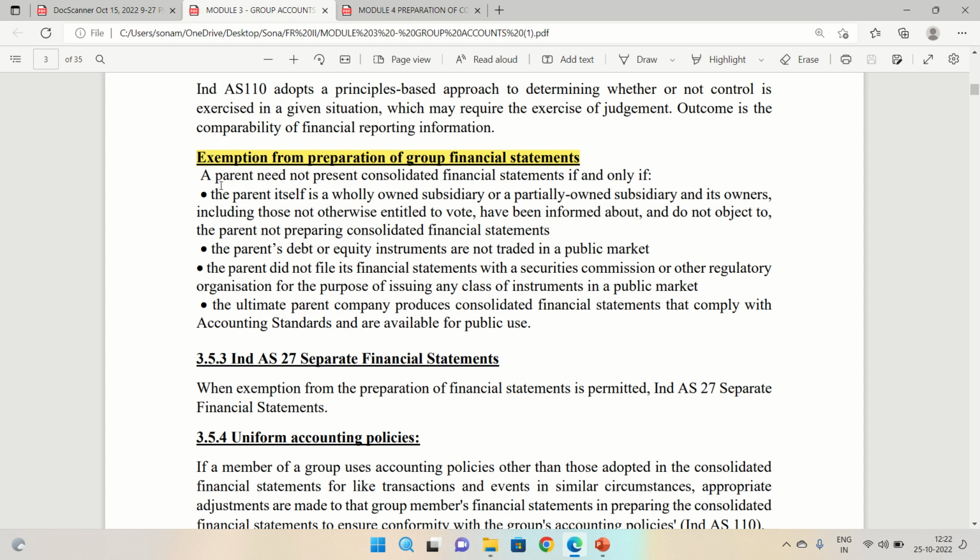If Q produces consolidated financial statements complying with the accounting standards and available for public use, at this point also, this exemption stands for the parent company. These are very few exemptions. We have more exemptions, but these are a few to keep in mind regarding the preparation of group financial statements. I hope that's clear.